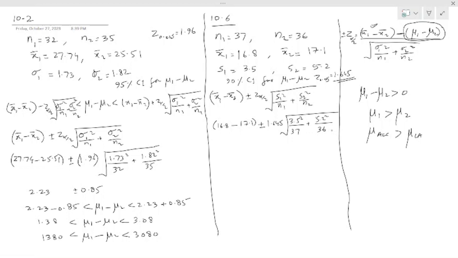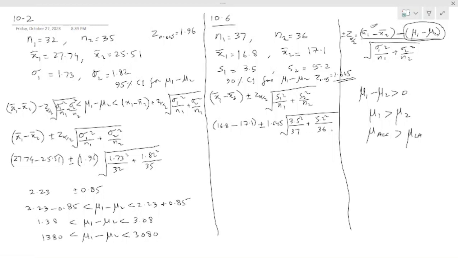Now we will work out the answers. 3.5 squared divided by 37 plus 5.2 squared divided by 36. Then we take the square root of the answer, that is coming up as 1.04.